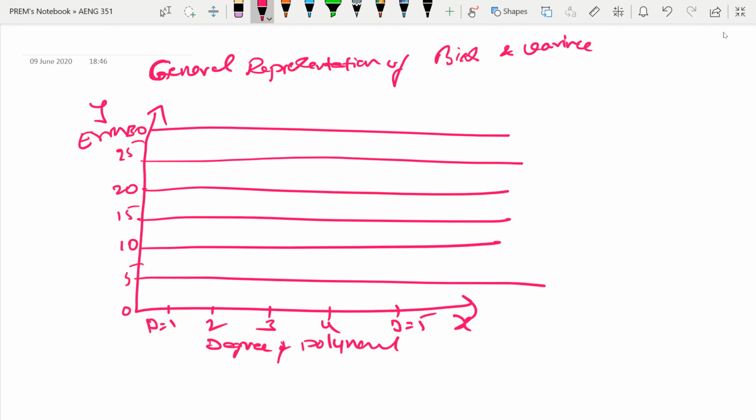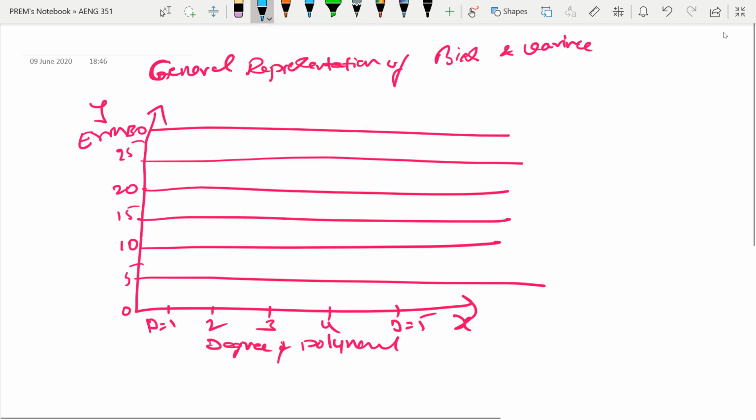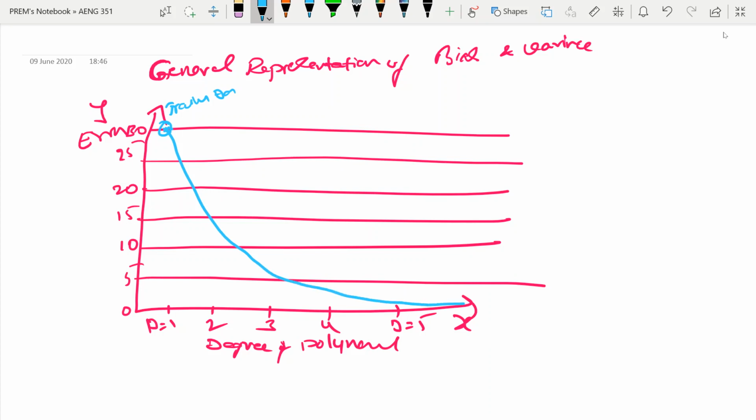So here, when degree is equal to 1, the blue dot is my training data. So training data means this is the train data set.